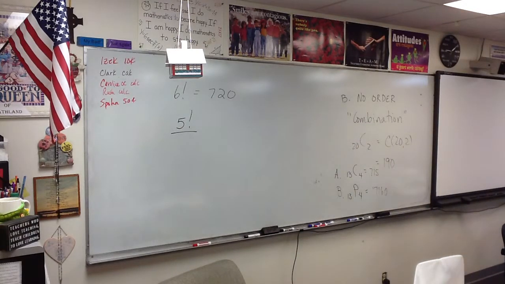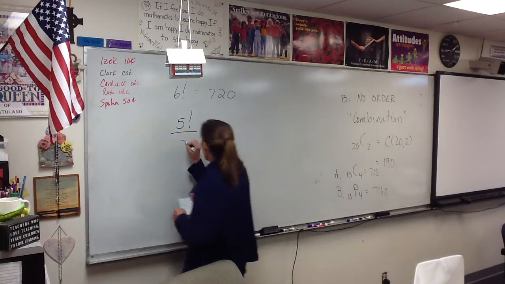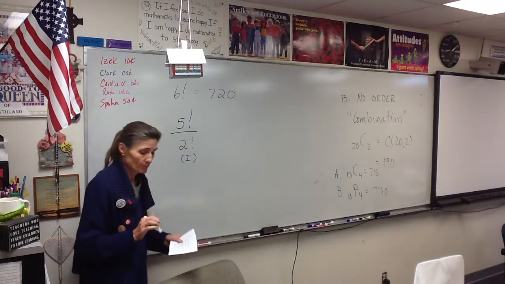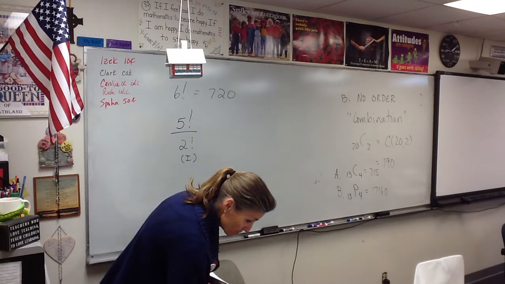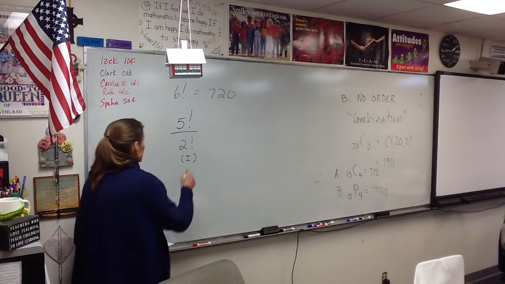There are 5. Now, what do I need to divide by? 2 factorial, because there are 2 I's in the word. So what's that going to be? 60.